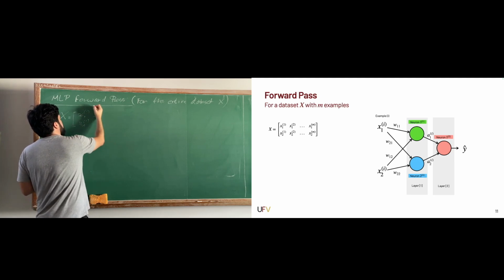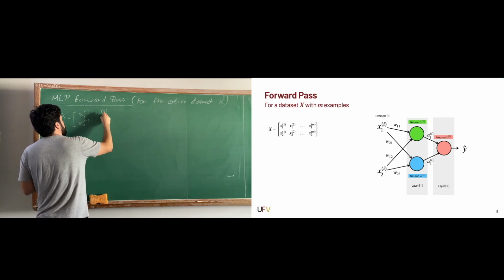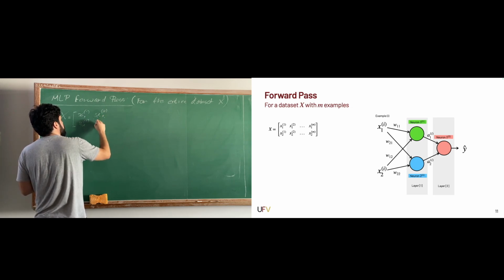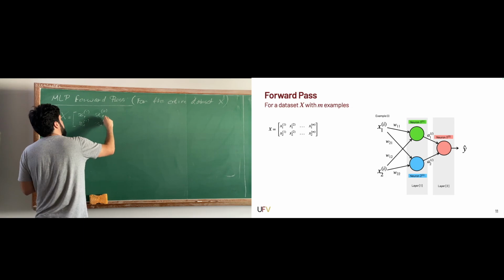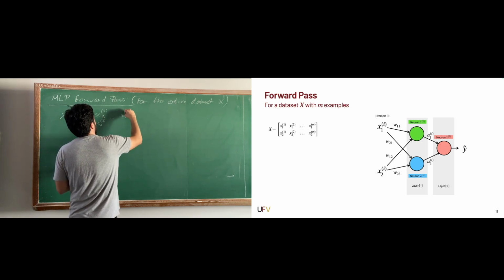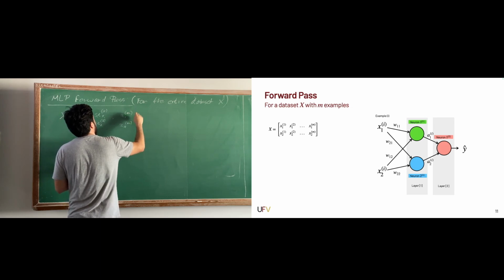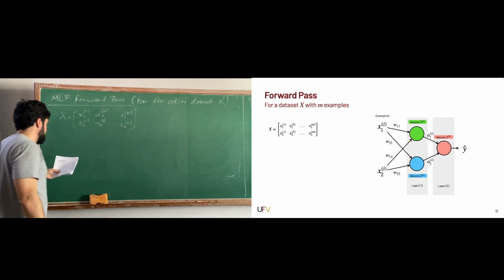And then we have the second example here, X superscript 2, and the subscript denotes the first input feature, and this goes until m.